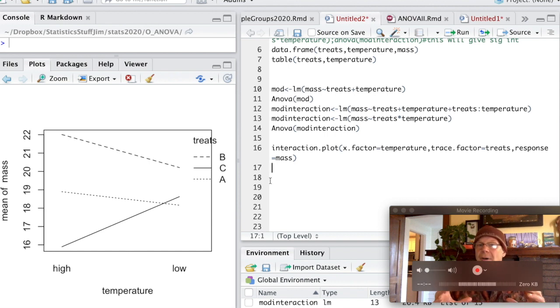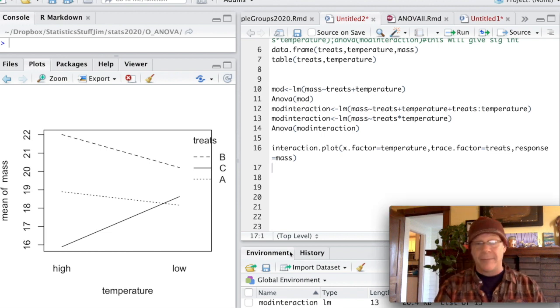So just by eyeballing that, we can see how that interaction term might have been significant, because we can see just by looking at this that clearly there's a different effect, for example, between high and low temperature on treatment C compared to treatment B, or at least it certainly looks that way. It looks like they're responding differently to those temperatures.